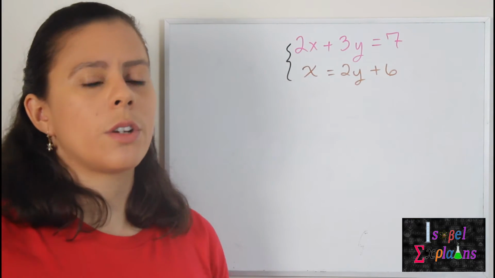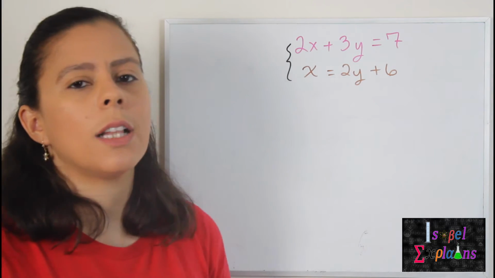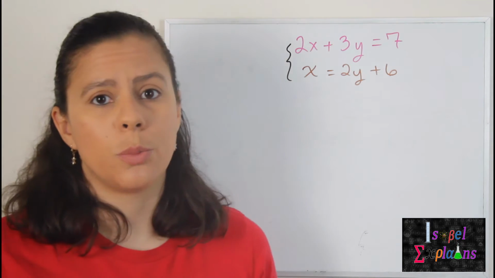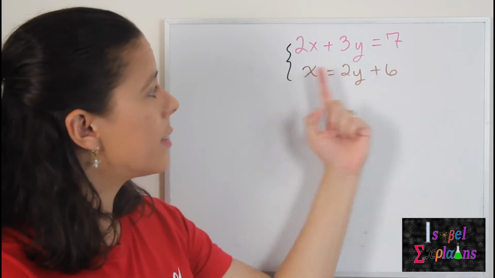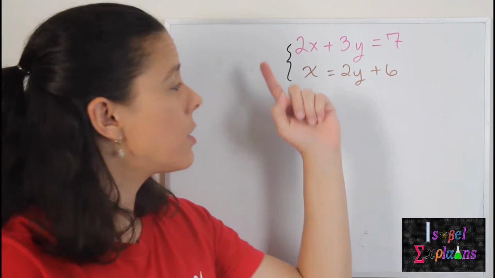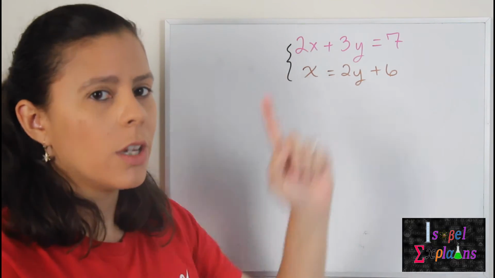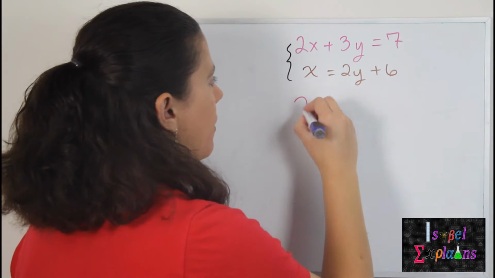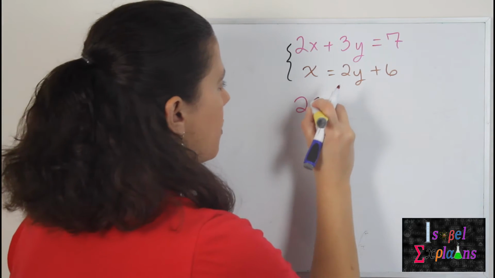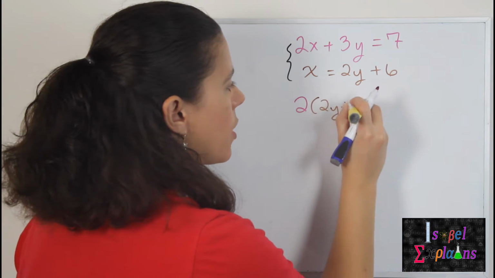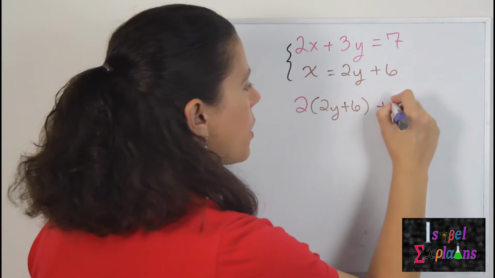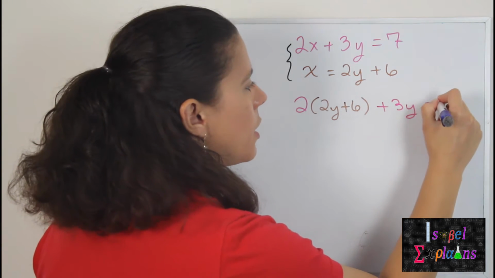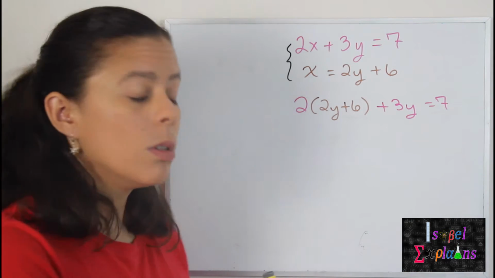Because we know that in order to find the solution of the system, the value of x on both equations has to be the same, I can just substitute whatever x is equal to on the second equation for the x on the first equation. So I would have 2 times (2y plus 6) plus 3y is going to be equal to 7.